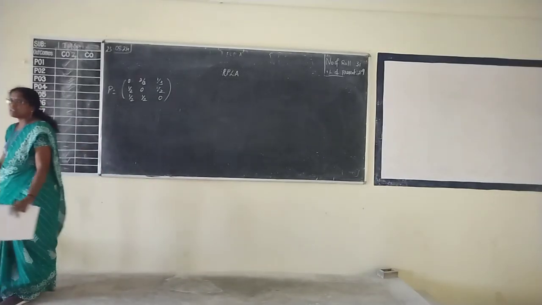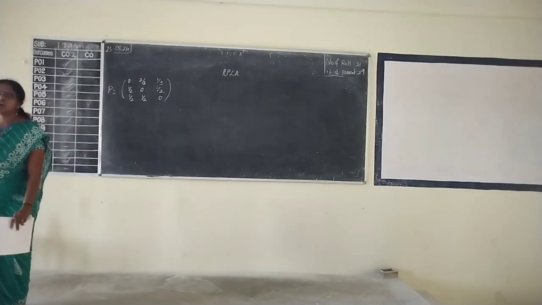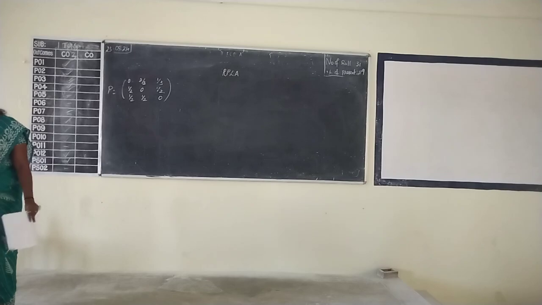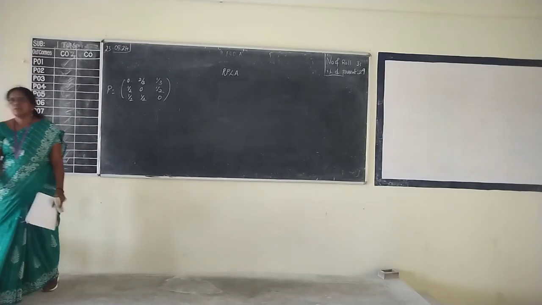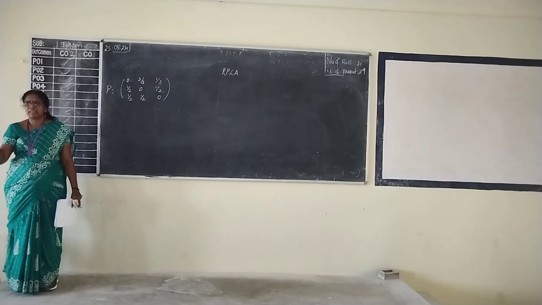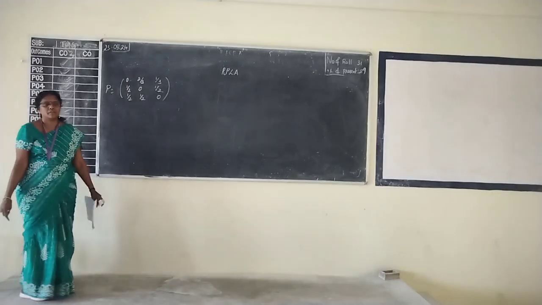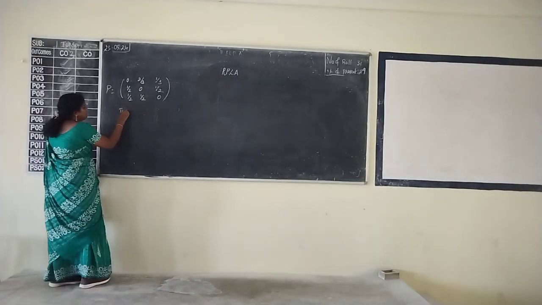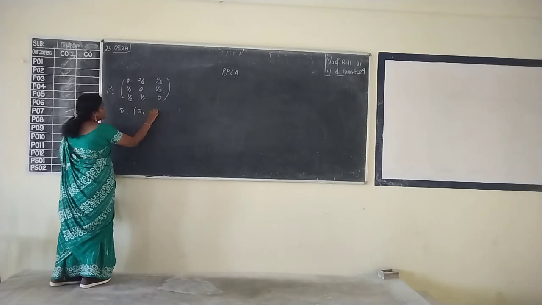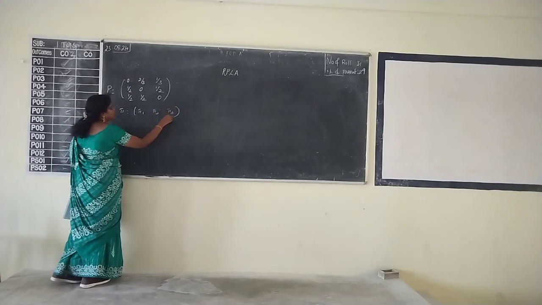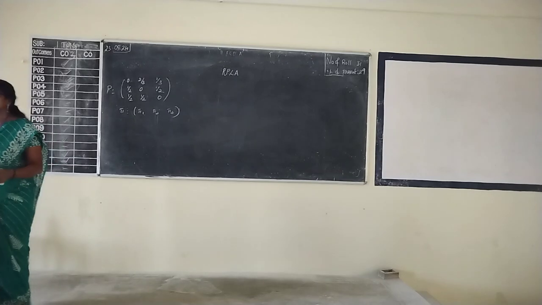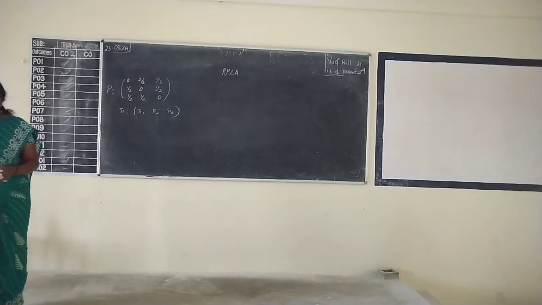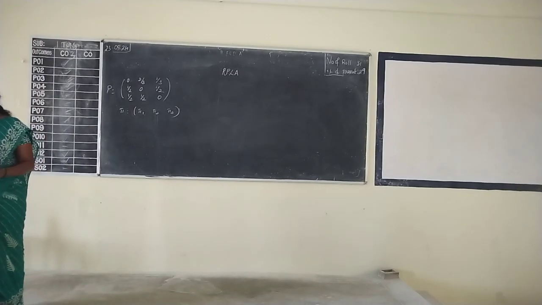So what type of matrix is given now? 3 by 3. So how many states will be involved? 3 states. So what are the corresponding probability values we will assume? Pi 1, pi 2, pi 3. So let pi equal to pi 1, pi 2, pi 3 be the steady state distribution.